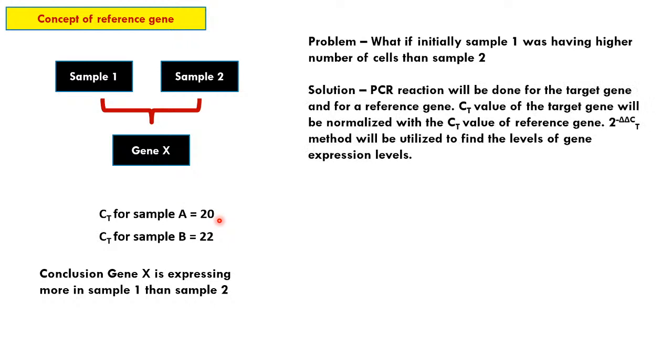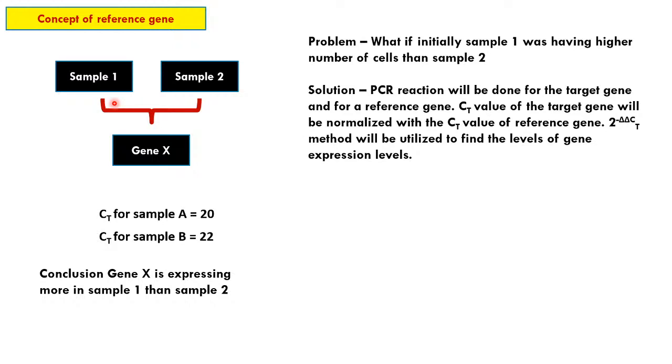So 1,000 cells are extra, and you are getting extra RNA for gene X. Because of your technical mistake, the experiment becomes a biased experiment. The CT value which is coming less for sample A is not because of a higher amount of RNA or higher gene expression, but because your sample A or sample 1 had a higher number of cells.